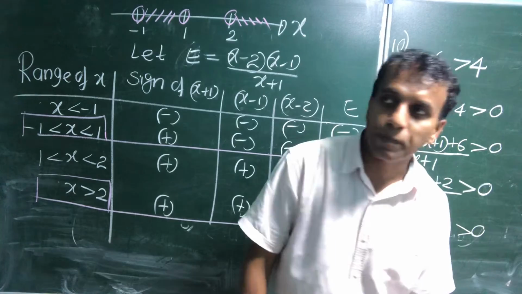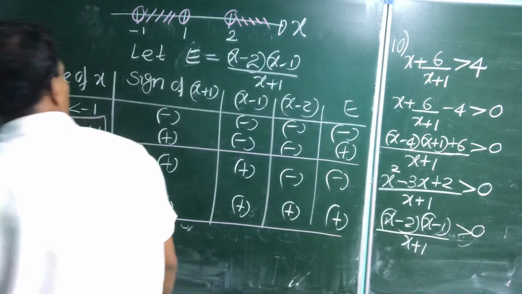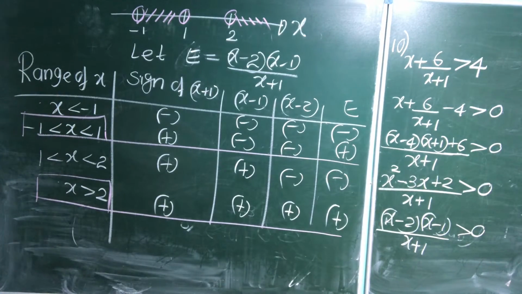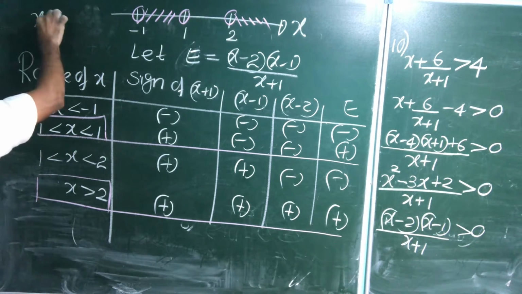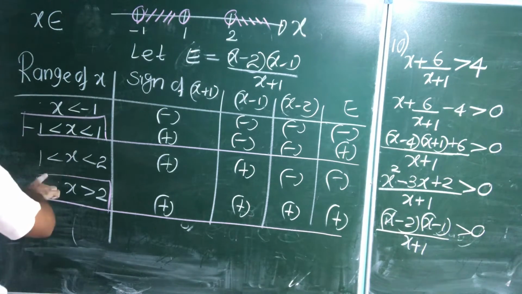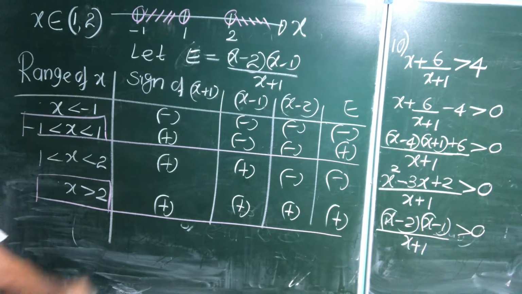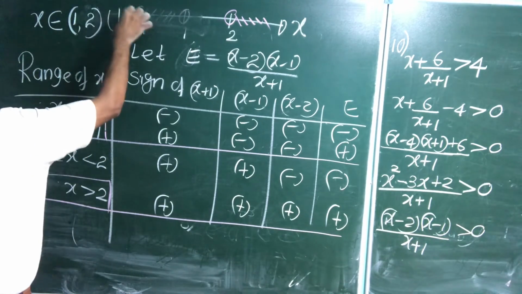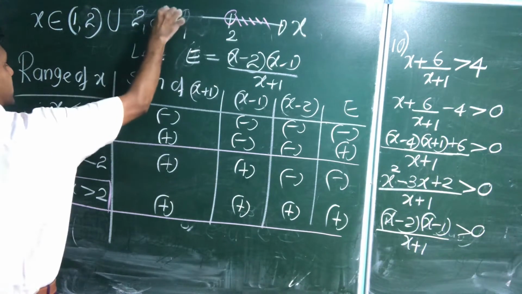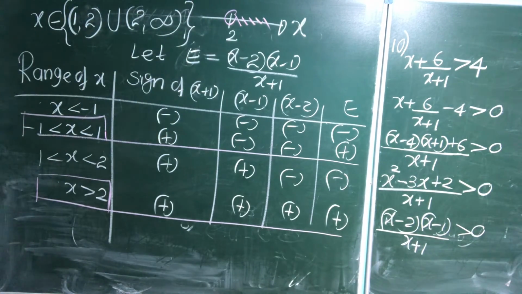Or otherwise, there are many pure mathematics notations: x is an element of (-1, 1) union (2, infinity).